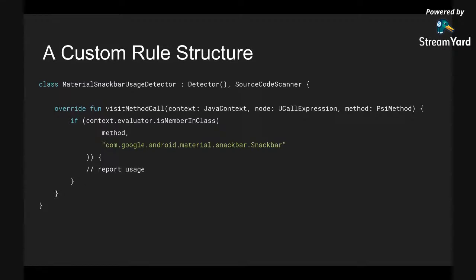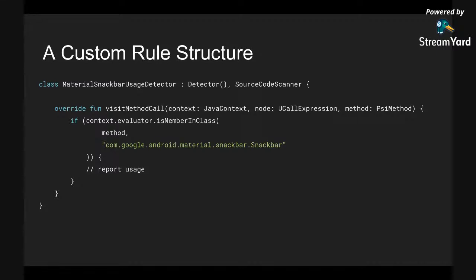So the other override method that we use is visitMethodCall. Whenever the make function is invoked, we would get this callback. Now inside this, we get access to the context and other parameters which we won't be using.